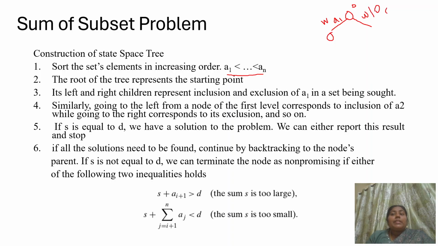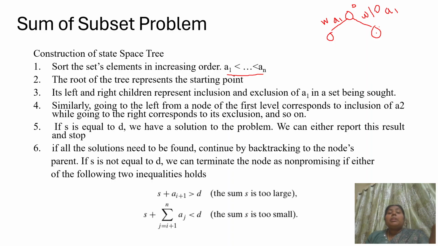I exclude the element A1 and go to the next element. So 0 excluding this one contains a weight equal to 0 only. So in this state space tree, from the root node, that is the starting point, we have two children: the left child and the right child.